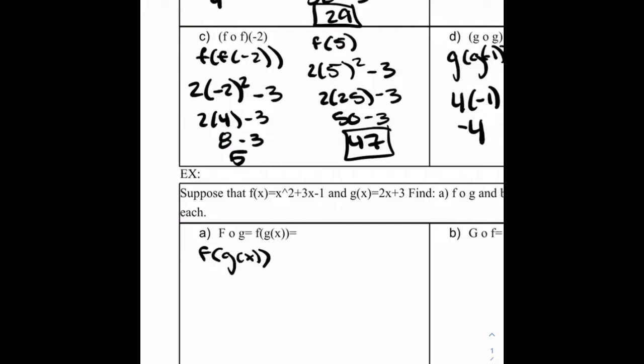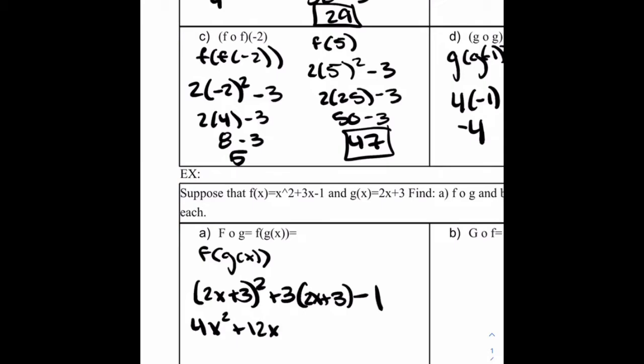So we have an x squared first, so 2x plus 3 squared, plus 3 times x, so 3 times 2x plus 3, and then minus 1. If I multiply 2x plus 3 times 2x plus 3, which is 2x plus 3 squared, I get 4x squared plus 12x plus 9.